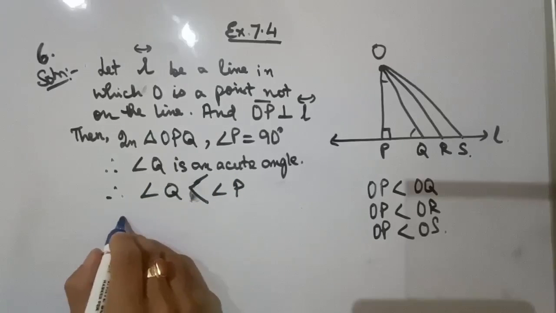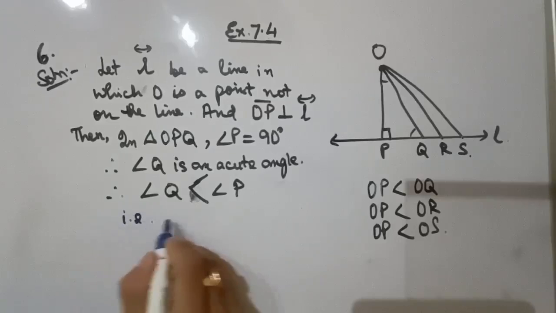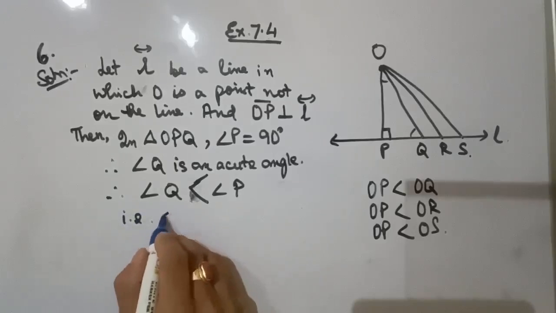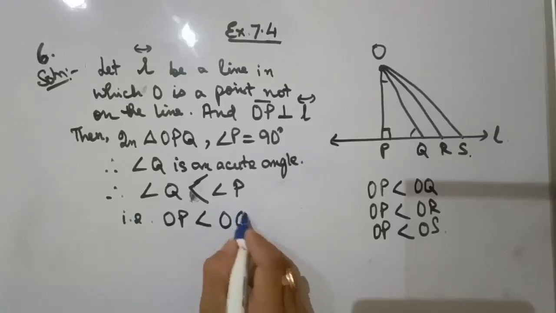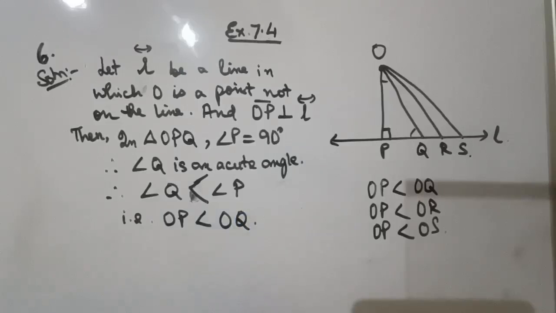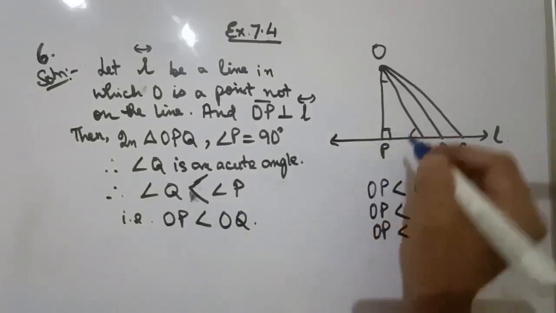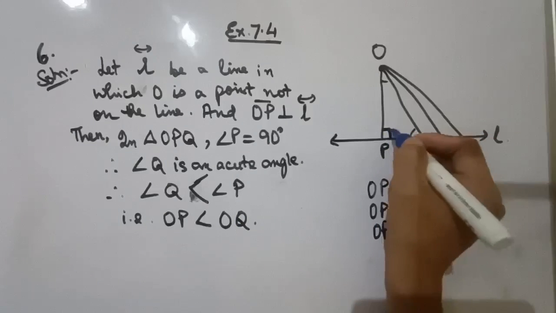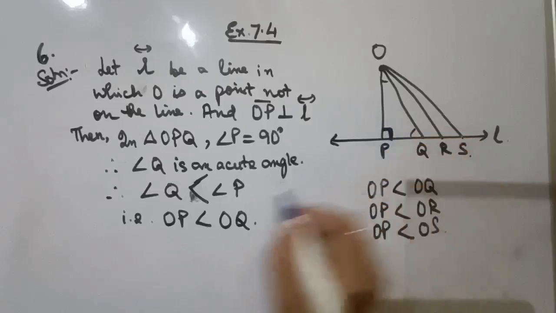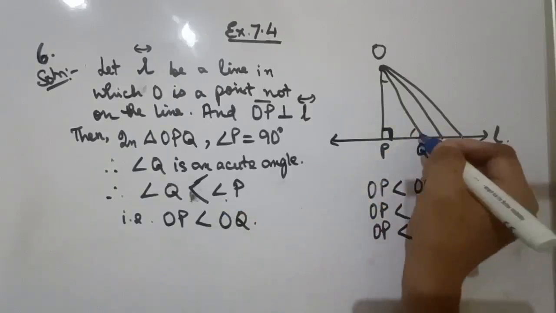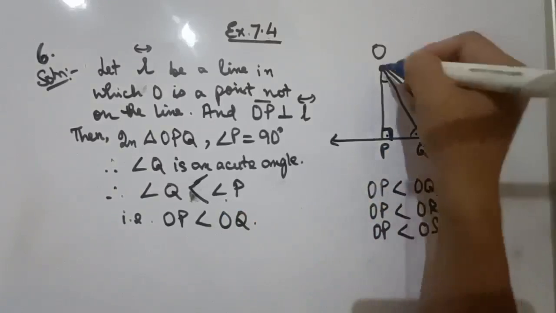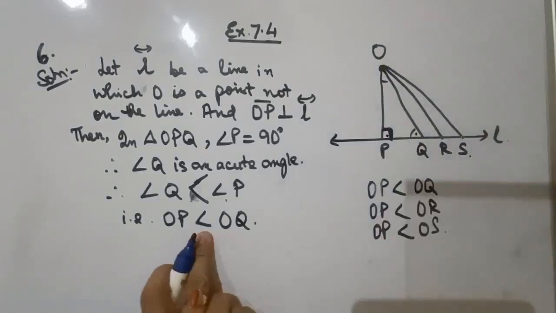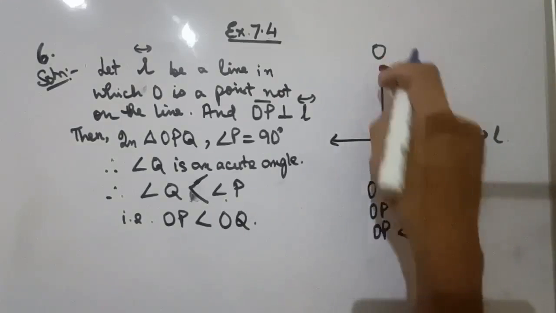Therefore, side OP is less than side OQ. Why? Because the side opposite to the greater angle is longer. Since angle P is greater than angle Q, the side opposite to angle P, that is OQ, will be greater than the side OP.